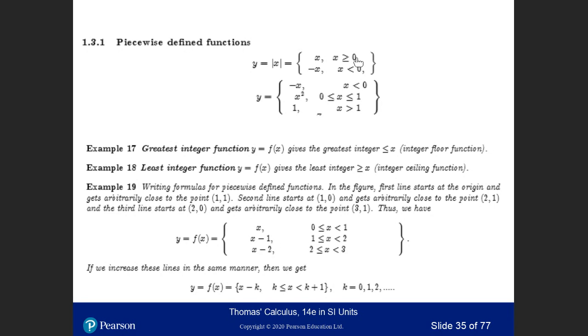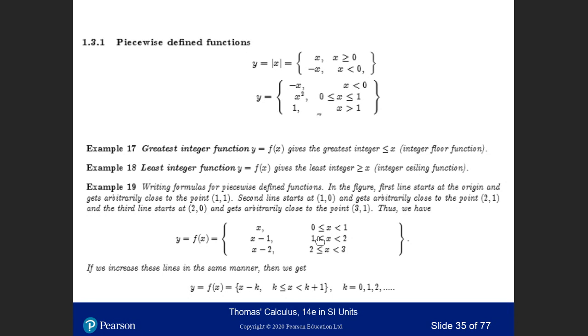If x is greater than or equal to 0, the absolute value is equal to x. If x is less than 0, it's a negative number, the absolute value of x is minus x. So that's a piecewise defined function with two pieces.